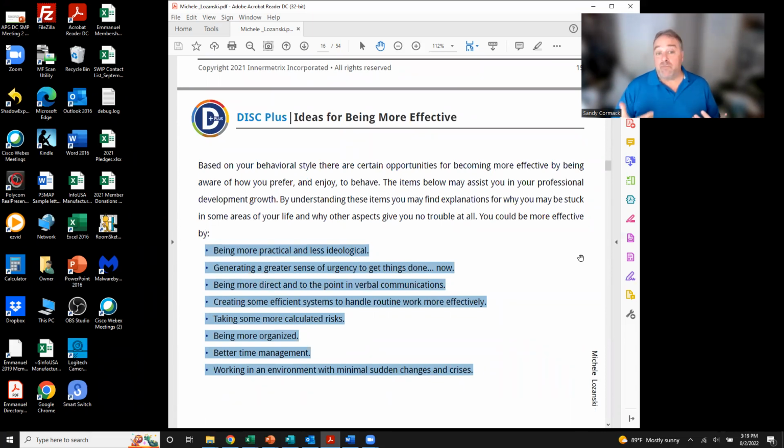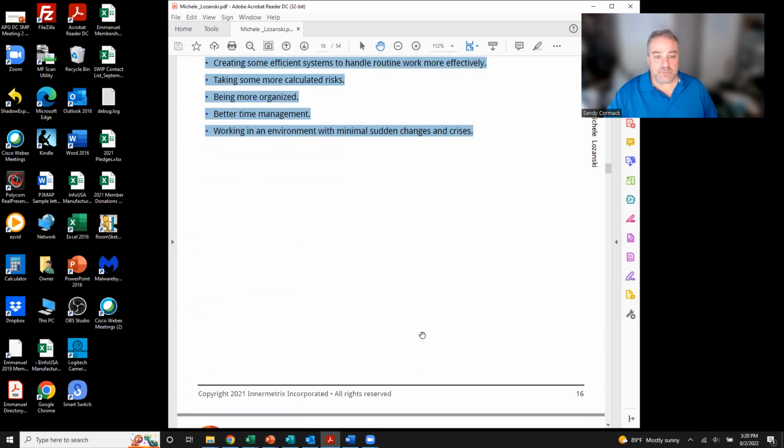Do you need to be more practical and less ideological? Do you need to generate a greater sense of urgency to get things done now? These might be some real blind spots for you that could impact your ability to be an effective supervisor. So look through these and see which of these you really feel you connect with, that really stand out for you.